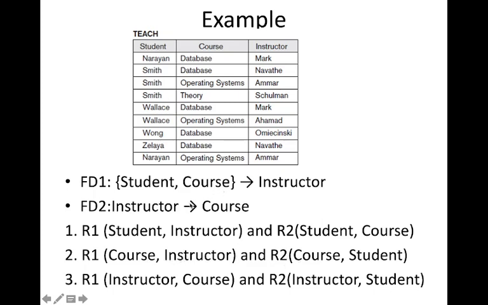So course to instructor, that functional dependency is not there. Then if you take R1 intersection R2, course, and R2 minus R1, you will get student. So the functional dependency is course to student, and course to student also is not there in this F. So that means it also does not satisfy the lossless join property.